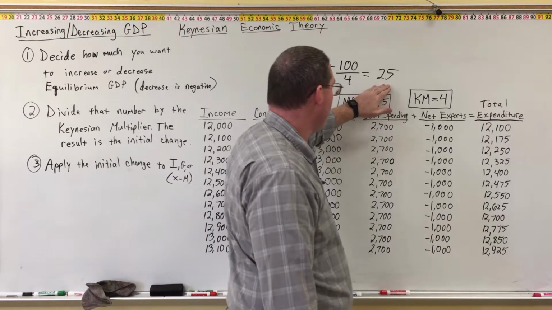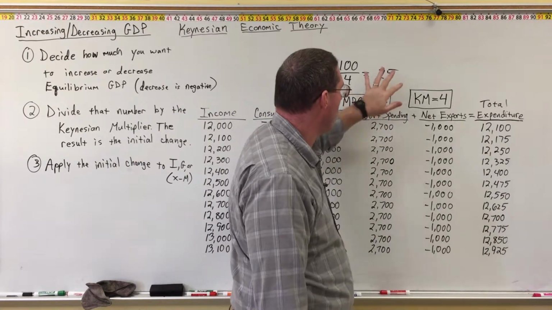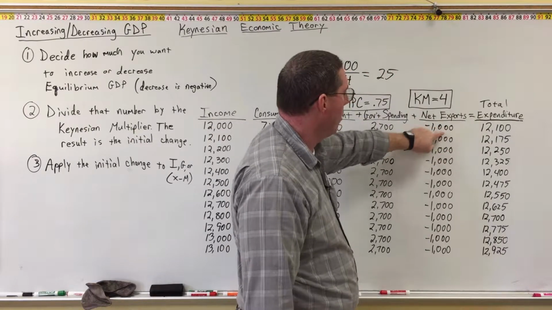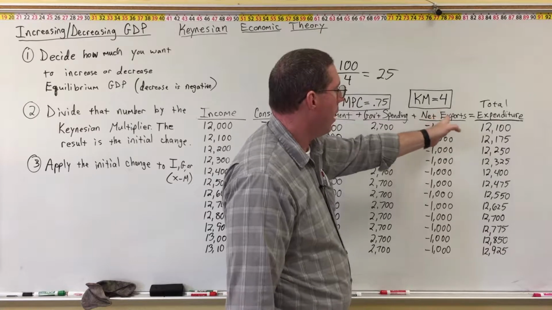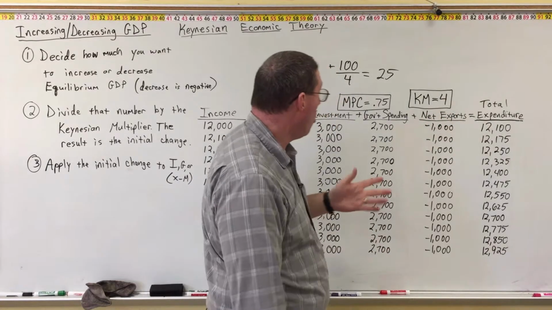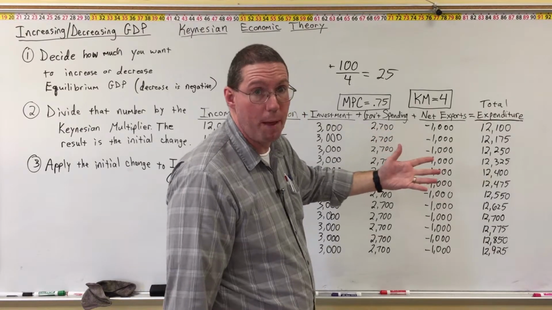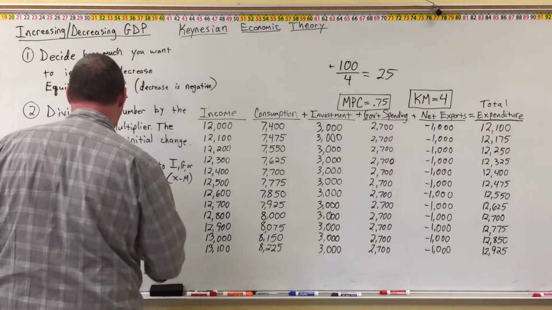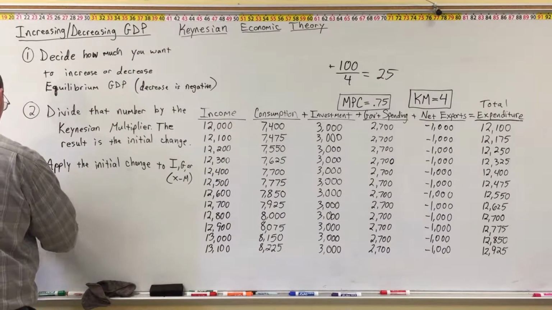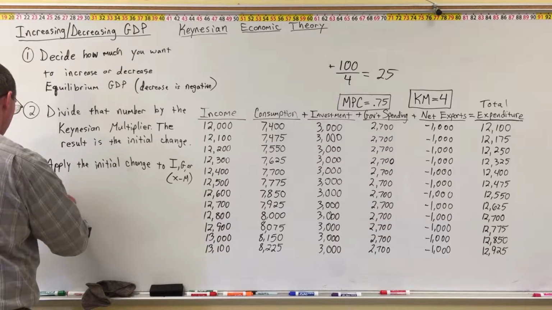So this 25, I could either add 25 to investment or 25 to government spending or add 25 to net exports. If I add it to net exports it's going to become negative 975. Or I can add 10 to investment and 15 to government spending, as long as the total effect is 25. And then 4 is going to be the chain reaction of consumption spending.